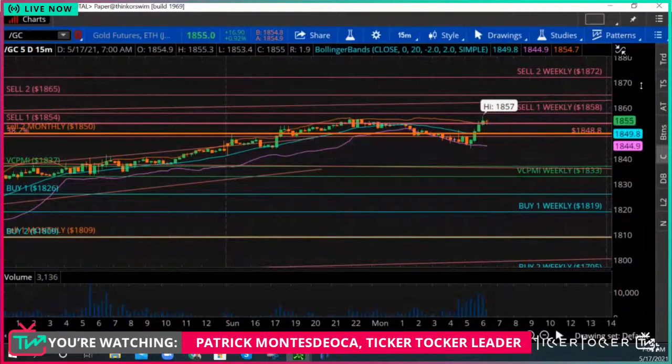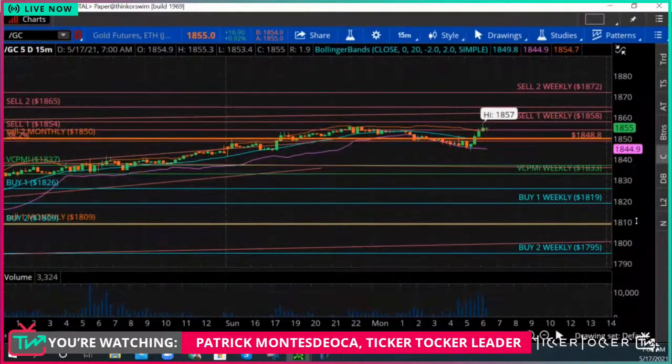On the right of the chart, you're looking at the weekly target of 1858 to the sell-to 1872. The weekly average is 1833, and the buy one below that is 1819, and the buy two is 1795.